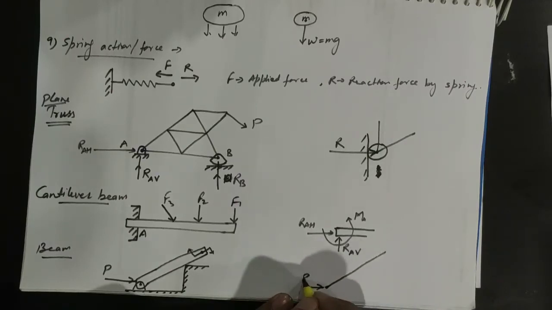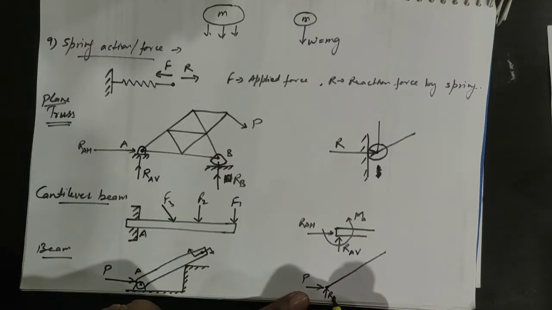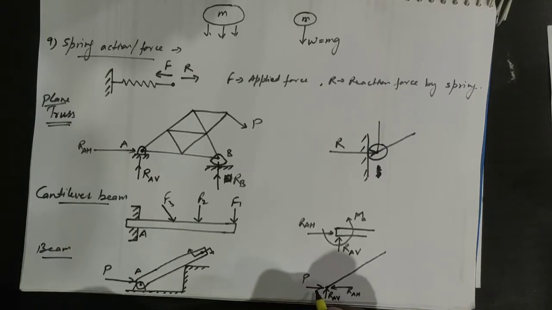P is the external force, with one horizontal and one vertical component. At point A, RA vertical and RA horizontal. We can make the arrow in this direction, or we can also make it the other way.